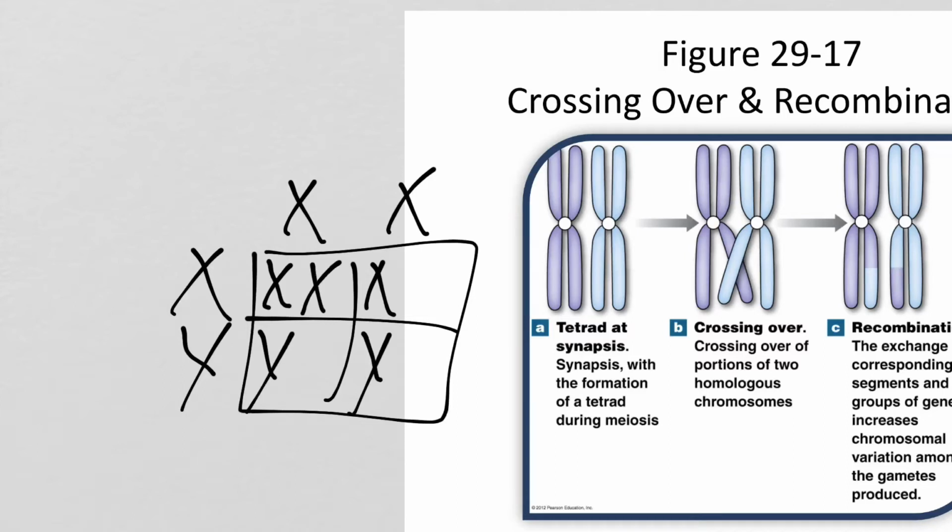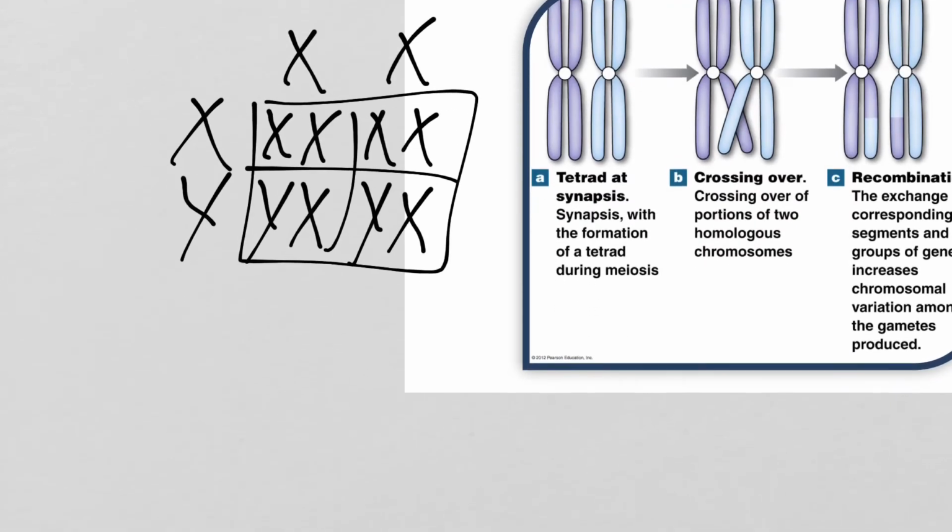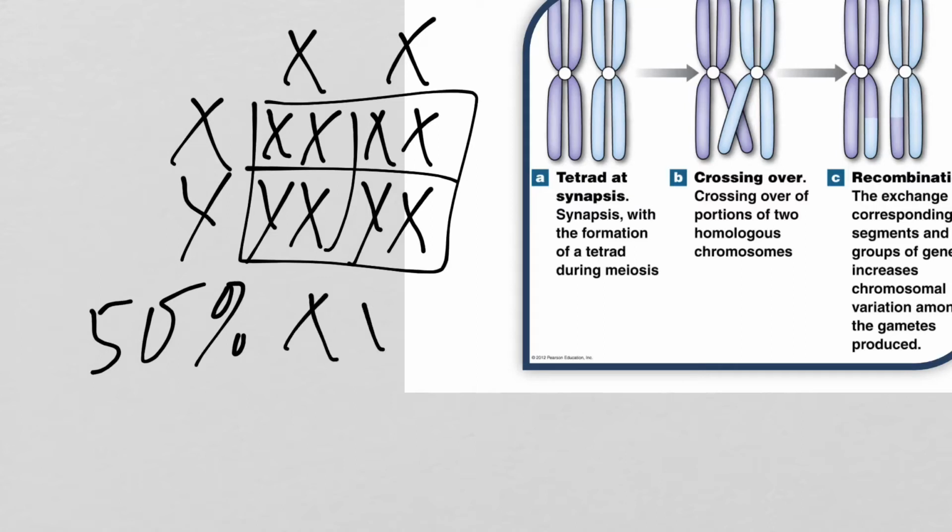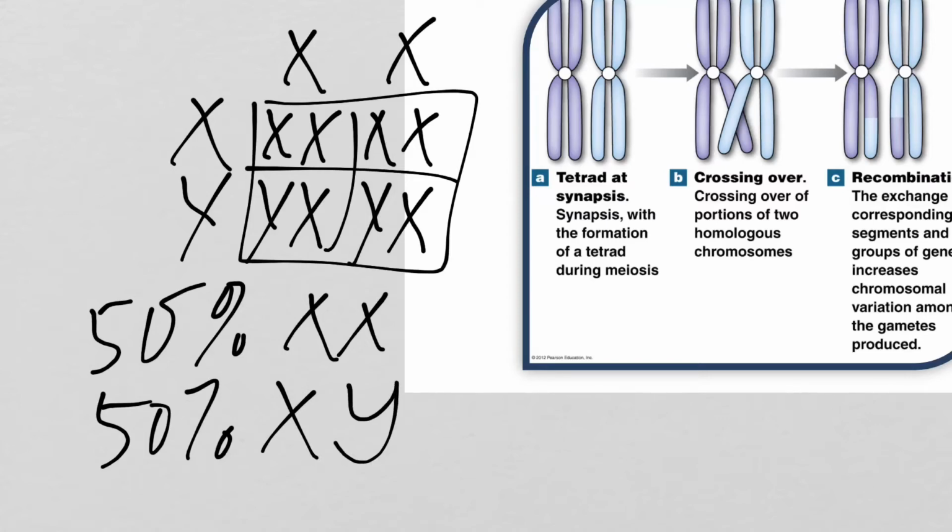This half of Mama's eggs will have X's, and this half of Mama's eggs will have X's. Now we're backwards, but okay. So a 50% chance of XX female and a 50% chance of XY male. That was supposed to be Y's, but okay. Messy, but works.